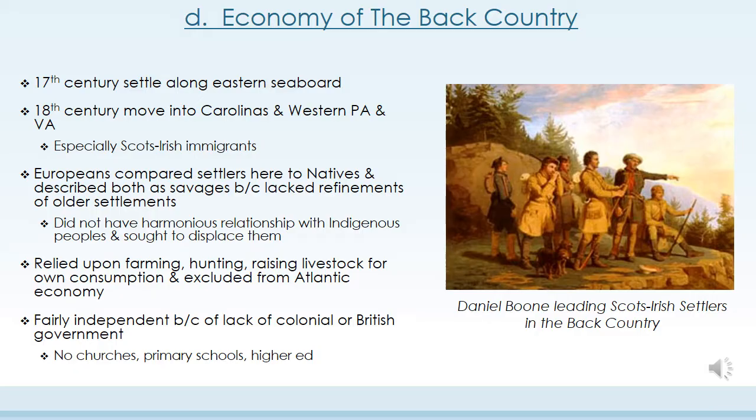Courts were rare, and so were tax officials or other representatives, either of the colonial or the British government, and a visitor to this region would also have noted a lack of churches, primary schools, and institutions of higher education. So there actually would have been a great deal of both economic and political autonomy for these backcountry colonists.